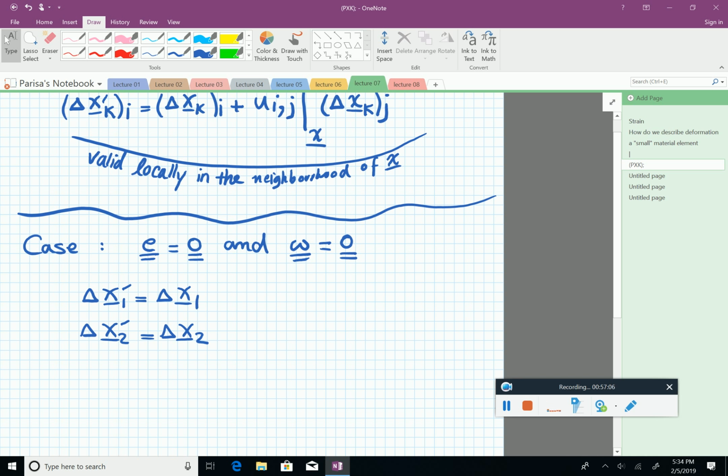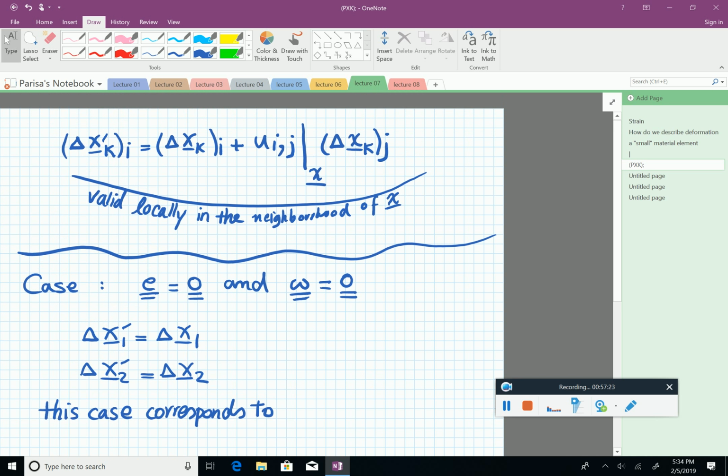So tell me physically, what does that mean? If E and omega are 0, it means that the gradient of U is 0.